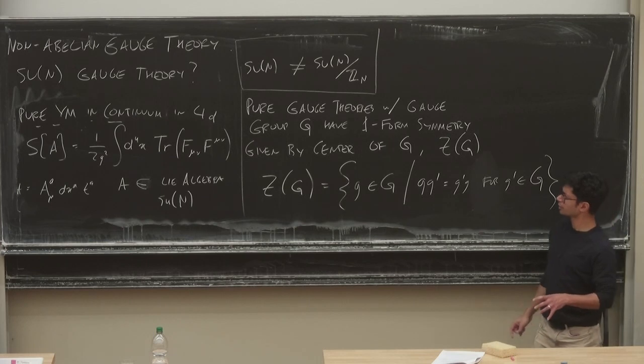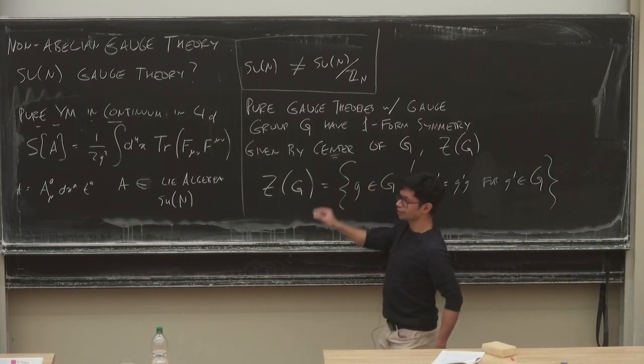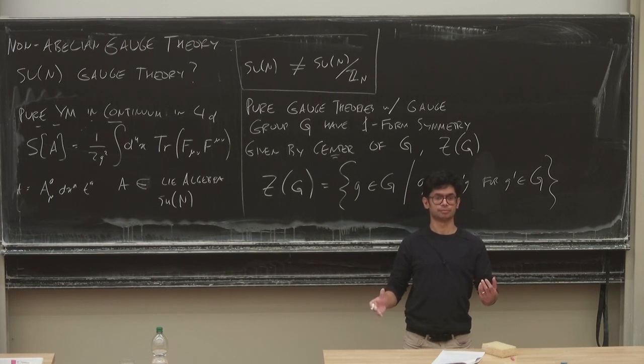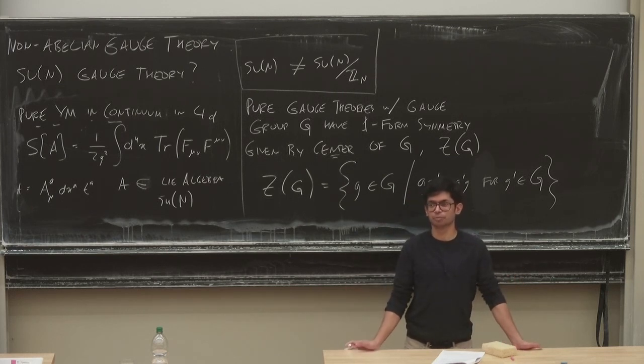In other words, the center of a group G is the set of elements that commutes with everything in G. That's all it is, yeah. The set of elements that commutes with everything in G.